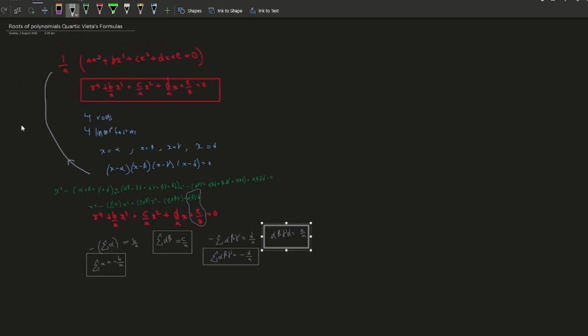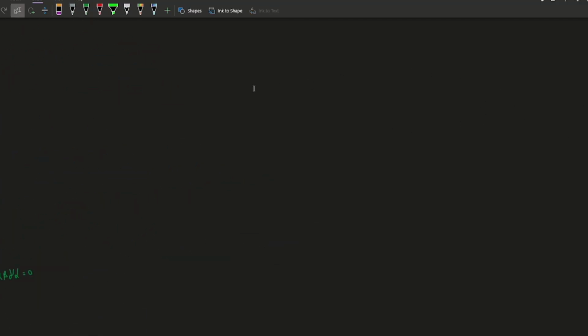Now let's try and implement them in a question. So let me grab the question. Our first question is 2x to the power 4 minus 7x cubed plus 3x squared plus 10x minus 8 equals 0.